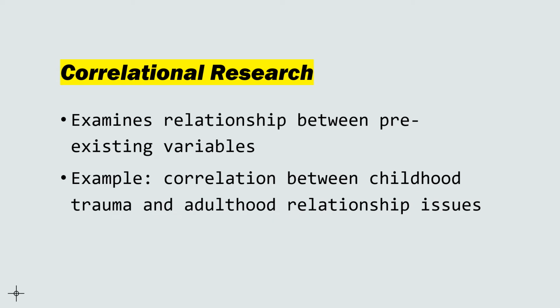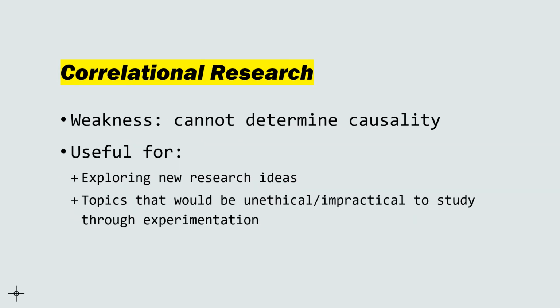Obviously, I could not ethically do that study. I wouldn't want to do that study. So pretty much the only way I can do it is through correlational research. Anytime you have something like that, you're going to have to go with correlational instead of experimental. All right, pause. Any questions?